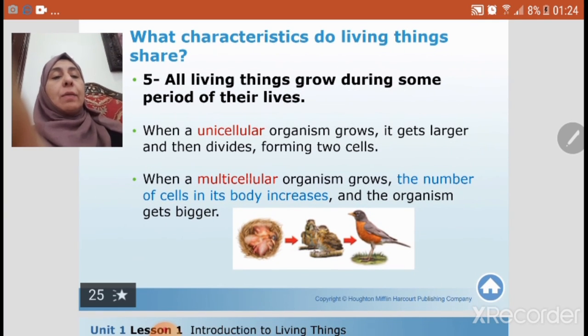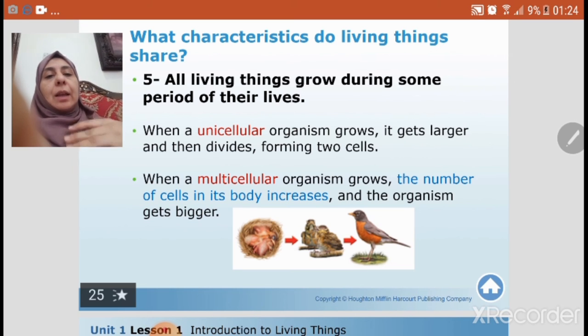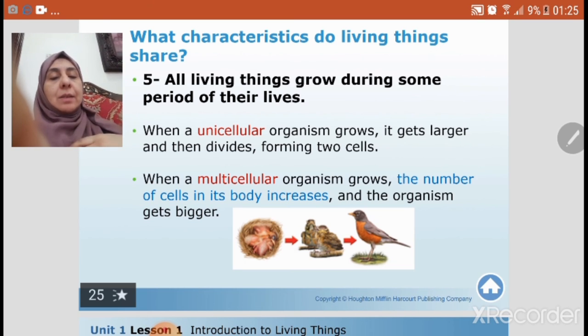Then we have the multicellular organism. How do they grow? Actually, I want to ask a question. Do you think multicellular organisms like you grow by the growth of the size of the cells, or by increasing the number of the cells, by multiplying the cells?